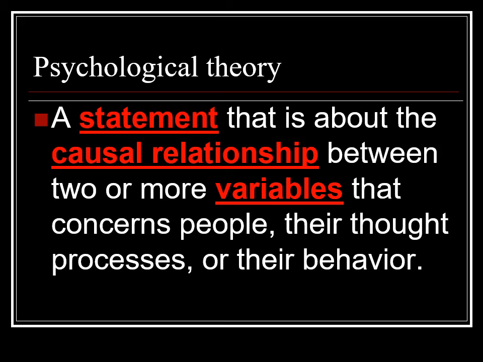People that are extroverted are more likely to have a greater number of friends. That was a statement about a causal relationship between two variables, extroversion, the level of it, and friendship, the number of them. So think of that whenever you're creating a psychological theory, what you're really doing is creating a statement that can be tested about a causal relationship between variables.